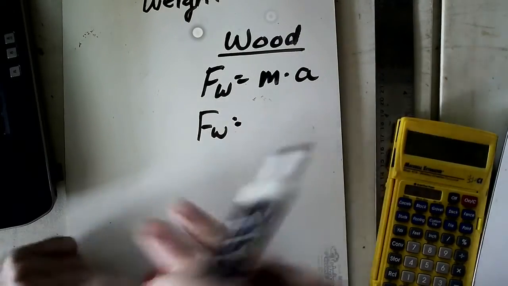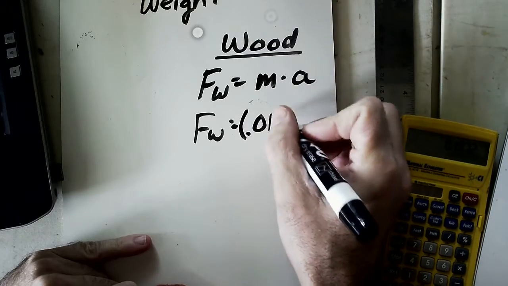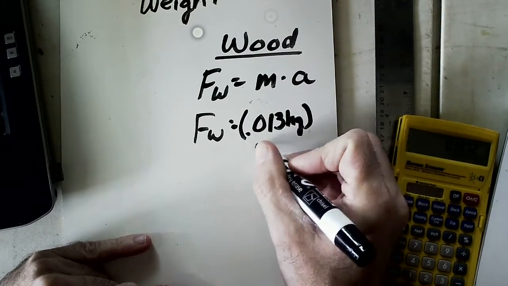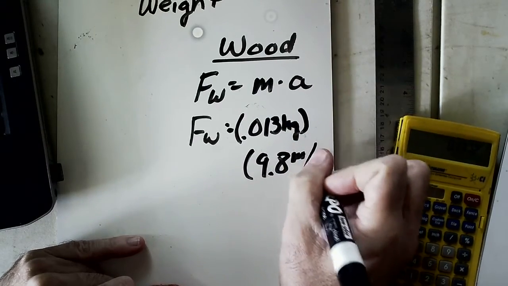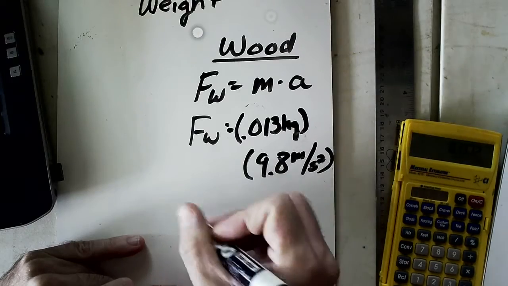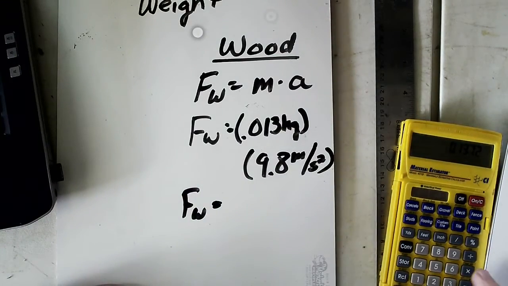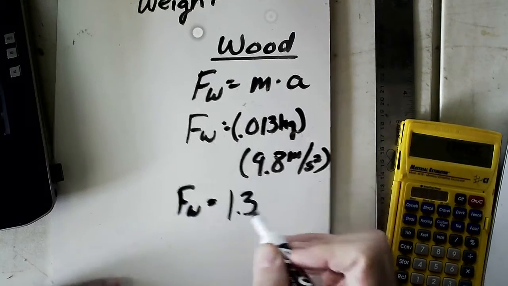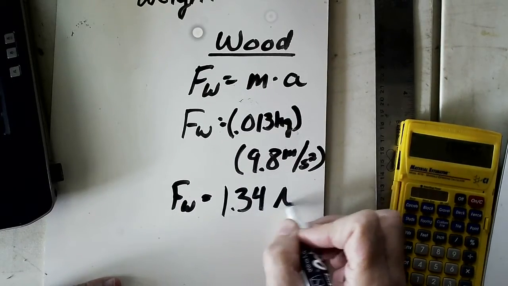So I'm just going to put that 0.013 kilograms, running out of room, times 9.8 meters per second squared. Go ahead and calculate that. 1.34 newtons.